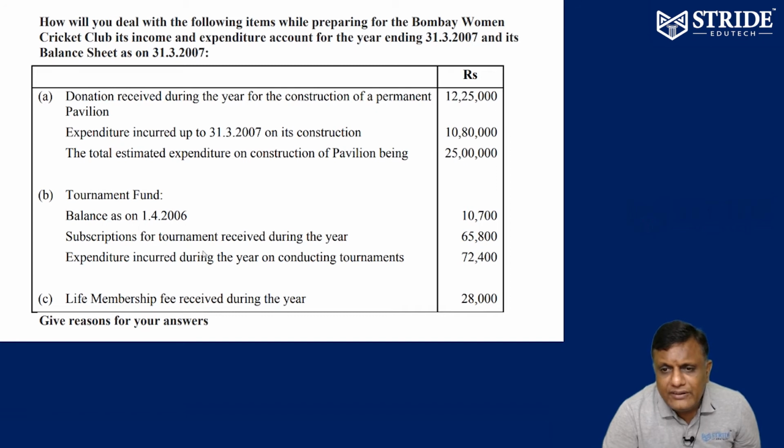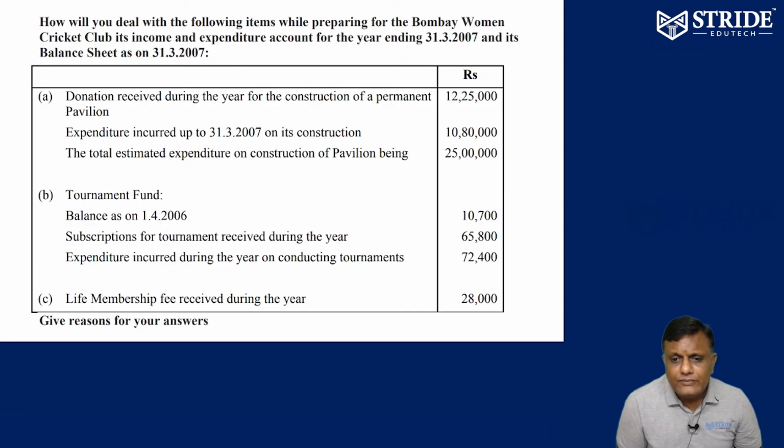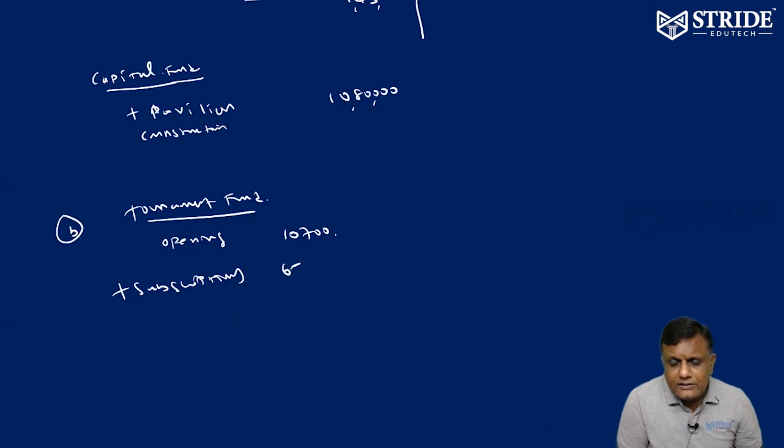Is there any subscription received for tournament? Yes, it is added to the fund. Any money received is added to the fund. 65,800, subscriptions received for tournament fund. How much? 65,800 we have received.